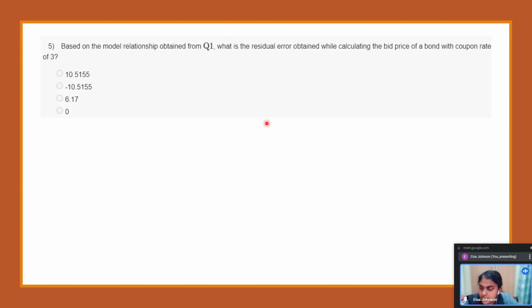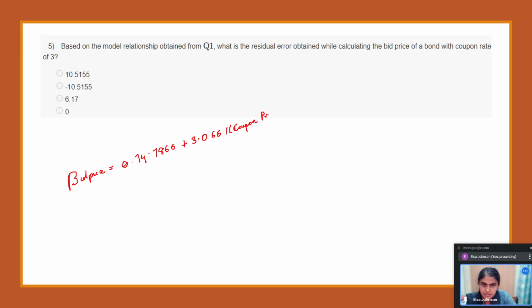You can tell me the answer. So it's written as bid price equal to 74.7866 plus 3.0661 into x, where x is the coupon rate.